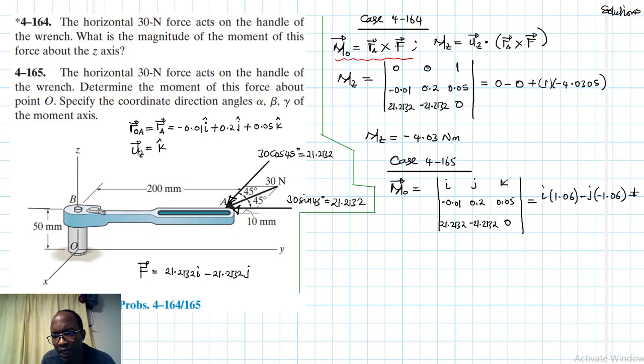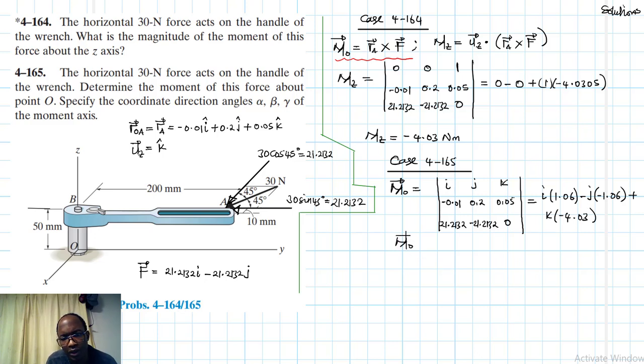And then we have a plus k. This one, 0.1 is the same value that we found, which is a 4, but we can still multiply 21.2132 minus 0.2 by 21.2132. So we have a minus 4.03.